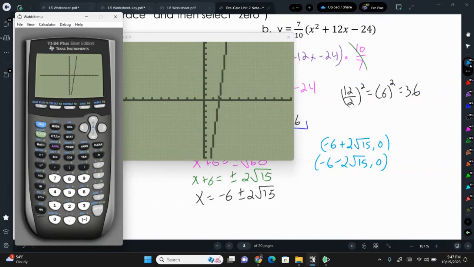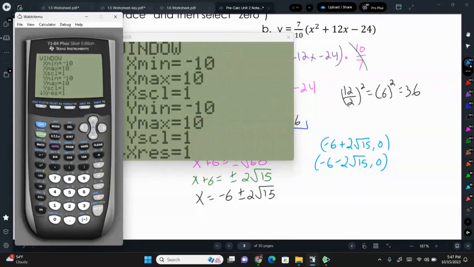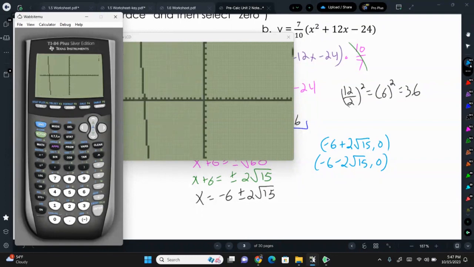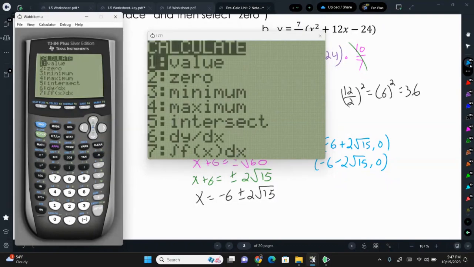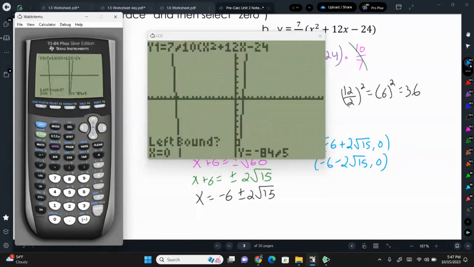So we only see one x-intercept, so I'm going to change my x-min to negative 20 and positive 20 so we can see more of it. All right, now we see both x-intercepts, both zeros. So we're going to do second trace 0. And I'm going to find the leftmost one first.